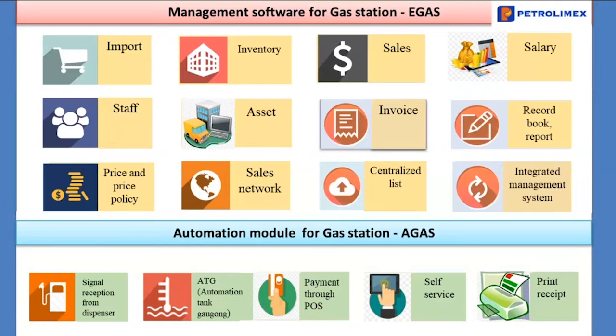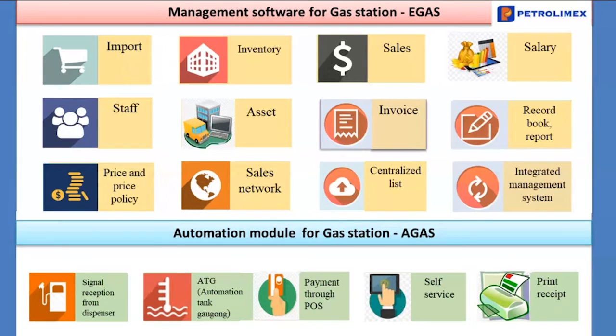The software also manages access, billing, and even salary, and all the historical records. The software also manages pricing changes and pricing policy, and almost everything is from centralized management.